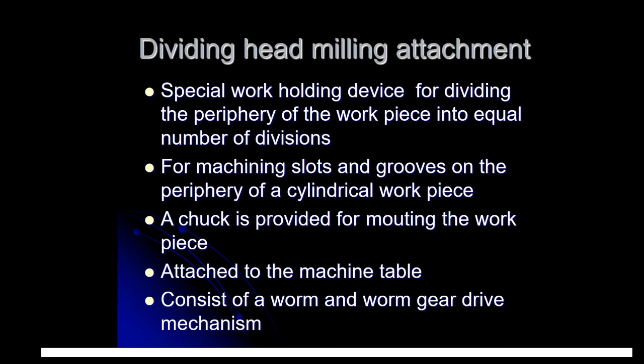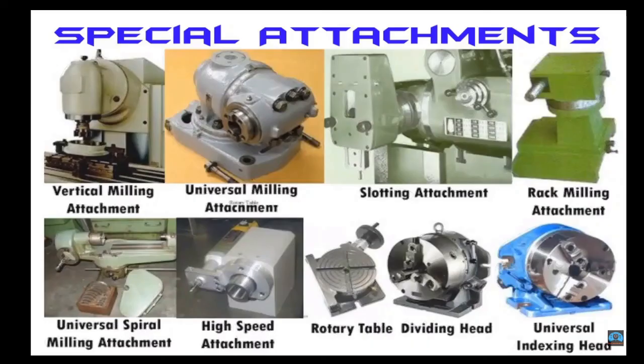For holding the workpiece, a chuck is provided in the driving head, dividing head milling attachment. They are also attached to the machine table of a milling machine. It also consists of a drive mechanism which includes a worm and a worm gear. A dividing head milling attachment is shown in the second row, fourth figure.